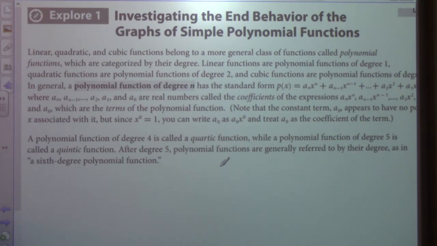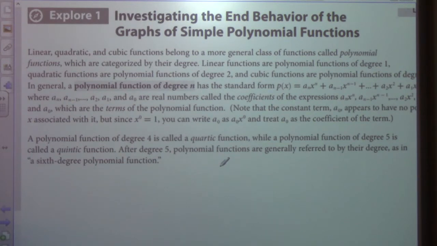Okay, so now in Explore 1, it says investigating the end behavior of graphs of simple polynomial functions. It says linear, quadratic, cubic functions belong to the more general class of functions called polynomial functions. And we've been talking about this a lot, haven't we? Yeah, we have. And they are categorized by their degree.